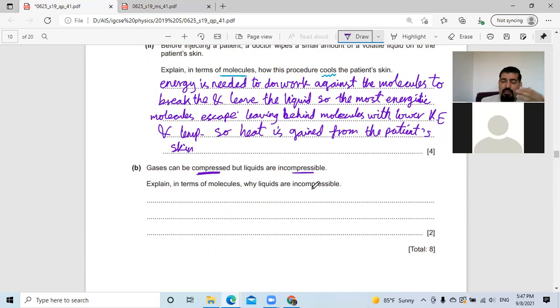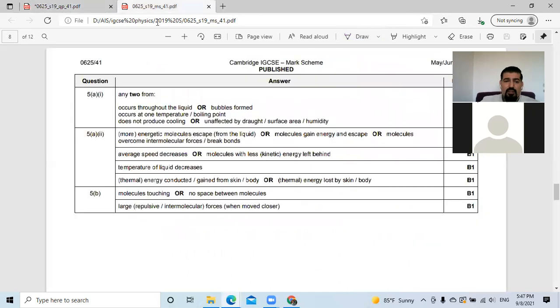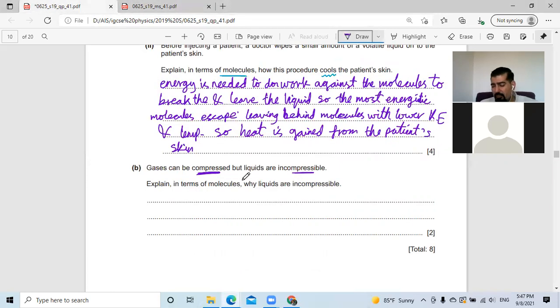They are close because of the high bonds, so the molecules are touching each other, with no space between them. So there are large repulsion forces: when the molecules get close to each other, they repel and move away from each other. So that's why it does not compress.